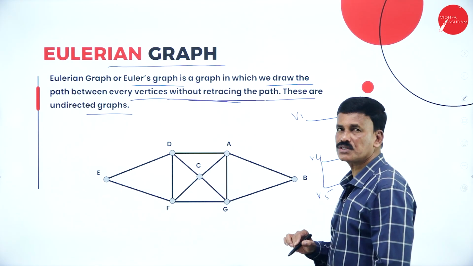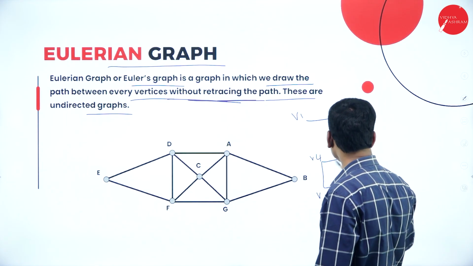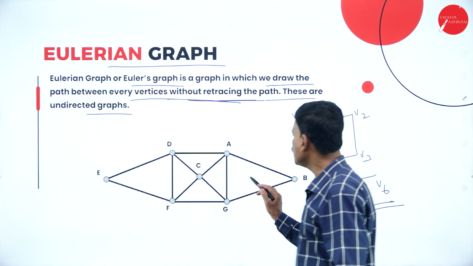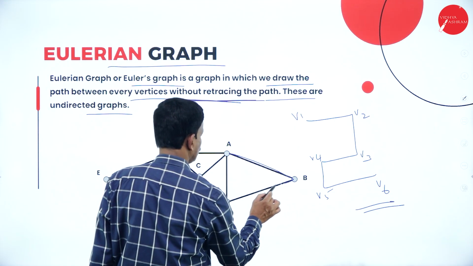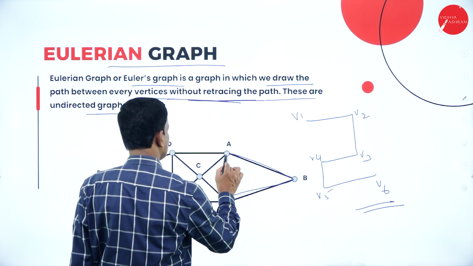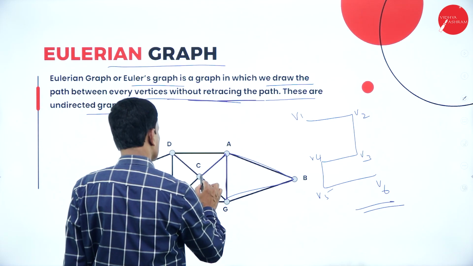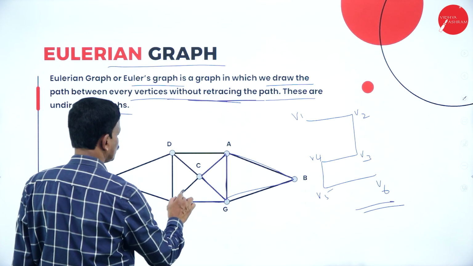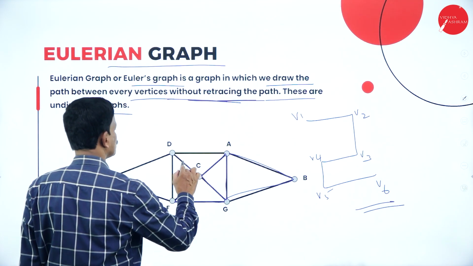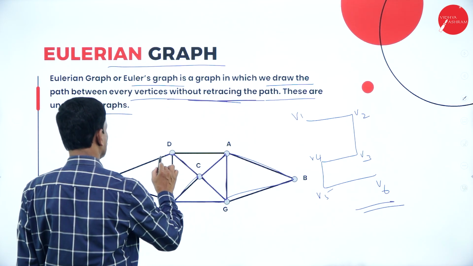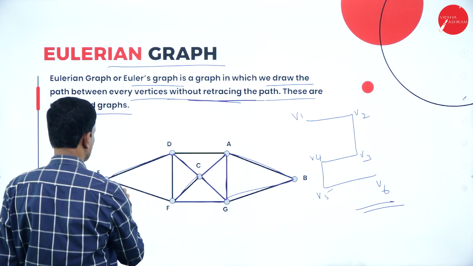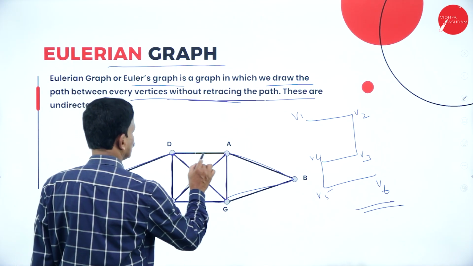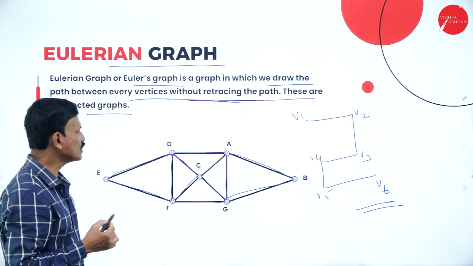This is an example of an Euler's graph, since without retracing we get the graph. Another example: A to B, B to C, C to A, then G to F, F to C, C to D, D to E, E to F. The starting point is A itself.